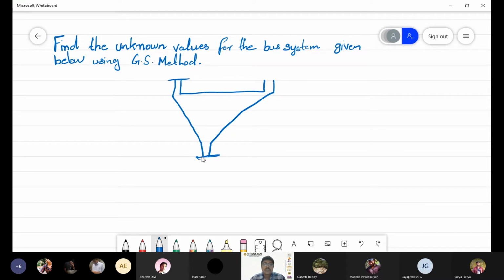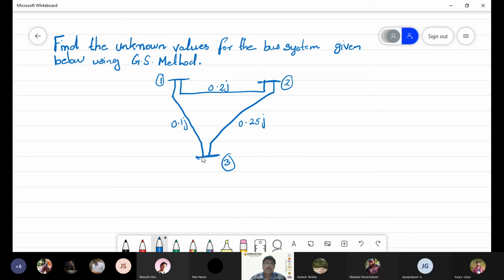This is bus number 1, bus number 2 and bus number 3. This is the impedance between bus 1 and 3, this is the impedance between bus 1 and 2, and this is the impedance between bus 2 and 3.